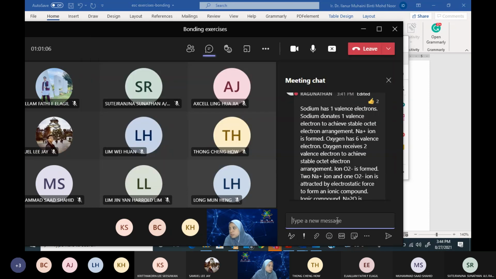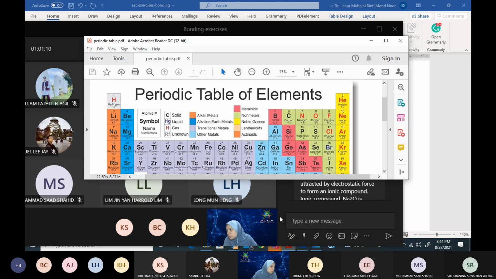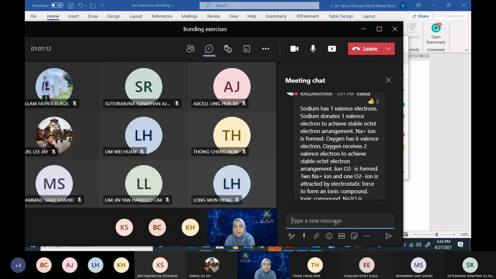Sodium is Na. Na is 11. So we write one by one. Sodium equals 11 equals 2, 8, 1. So we want the 1 to be removed.